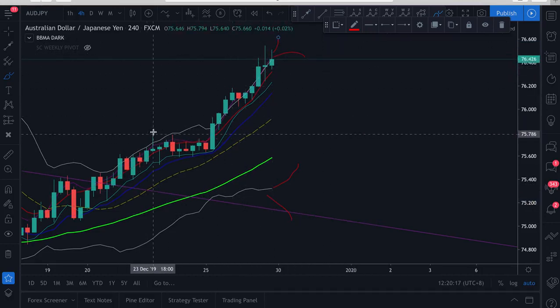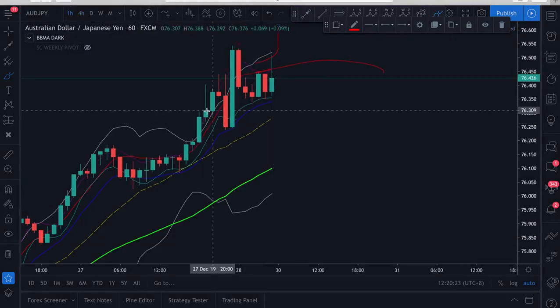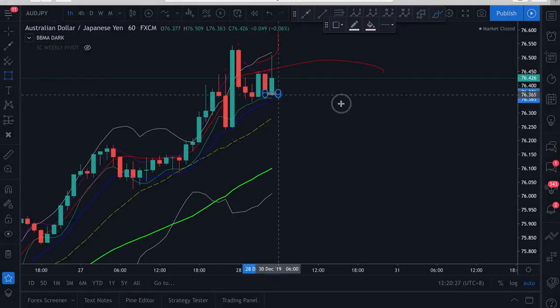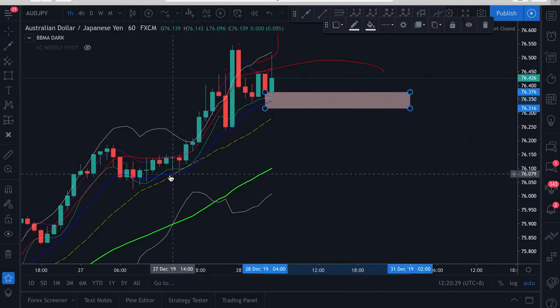Okay, so in this case, if we want to enter, we can go to a lower time frame such as H1, and we can pick our entry here, right, at the MA 5 10 low.